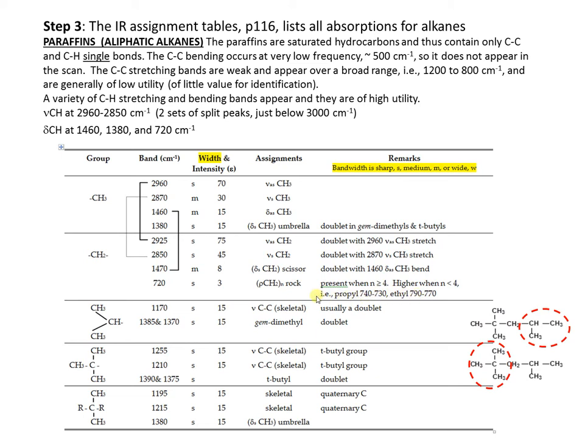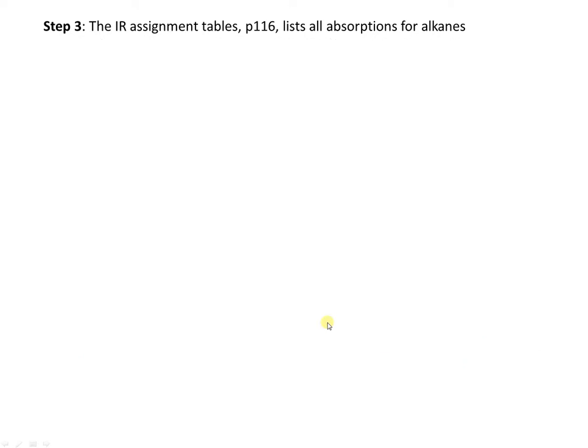So all this information we already have from the generic scan, but in addition, we have in our compound, as I already mentioned, the gem dimethyl group, CH dimethyl. It's called a gem dimethyl, and it causes a unique absorption. Again, here it is on the right hand side. It causes the band at 1380 to split into a doublet. Let's flip back and take a look at that.